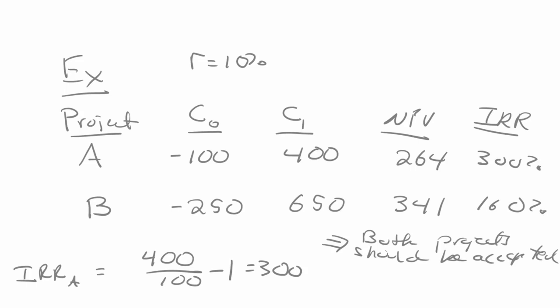Well, which one will increase the value of the company by more? The answer is clearly B. Project B will increase the value of the company by 341, whereas Project A will increase the value of the company by 264.